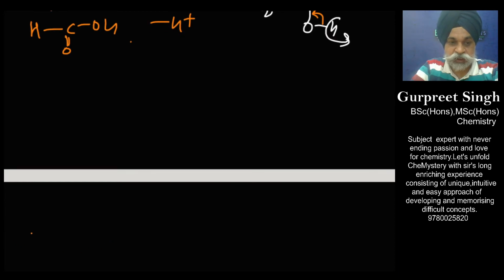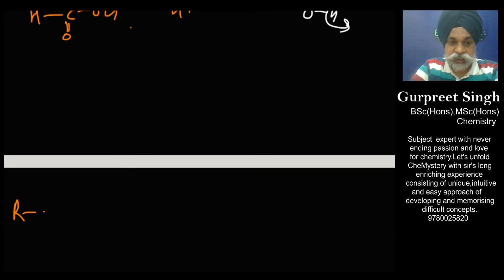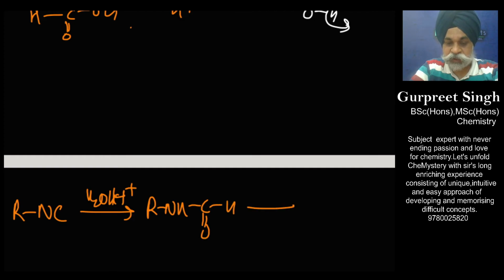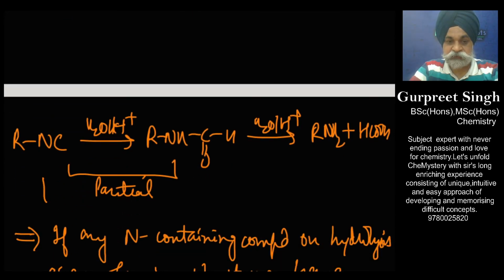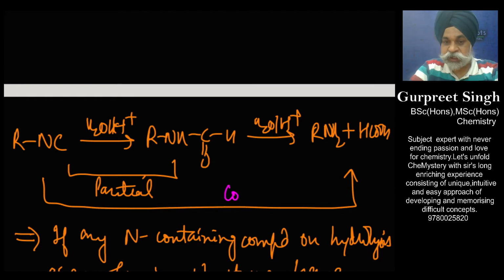This is very important to tell you that isocyanides on acidic hydrolysis first gave you N-alkyl formamide, which on further hydrolysis would give you the primary amine along with formic acid. So the first step may be said as partial hydrolysis, and the second step, if I completely take it from this side to this side, can be said to be complete hydrolysis.